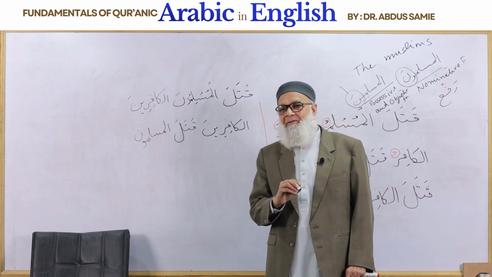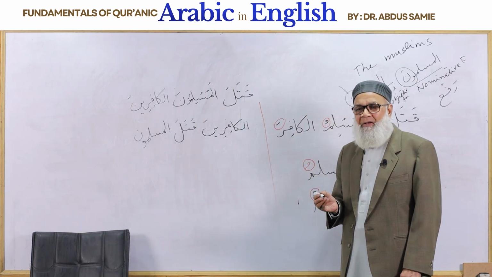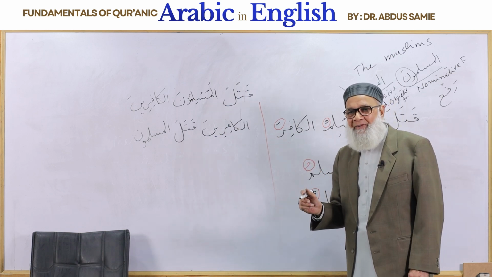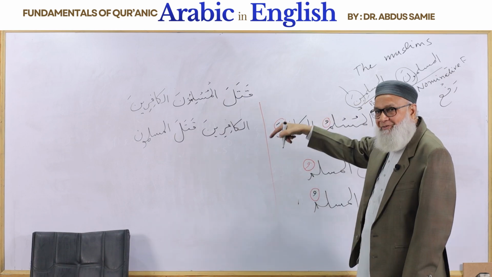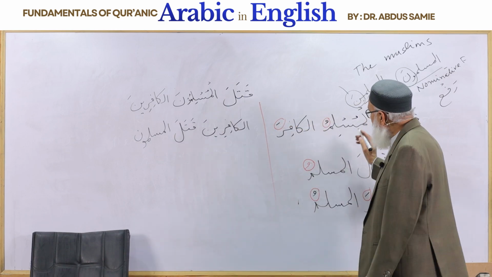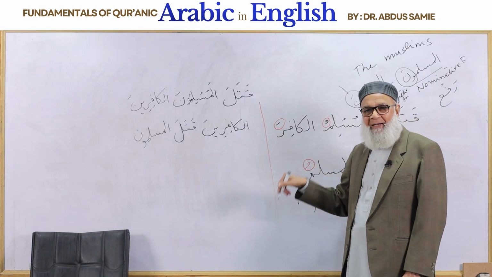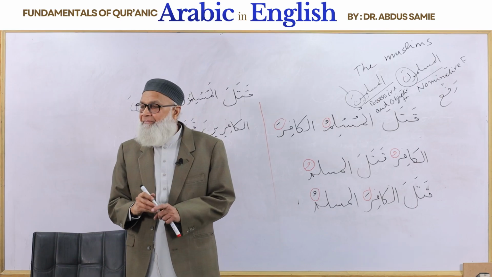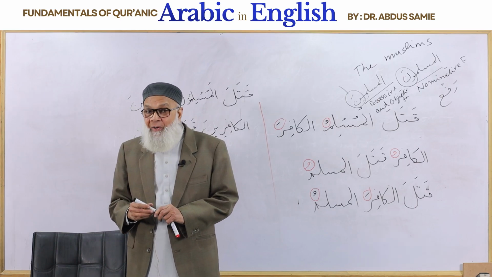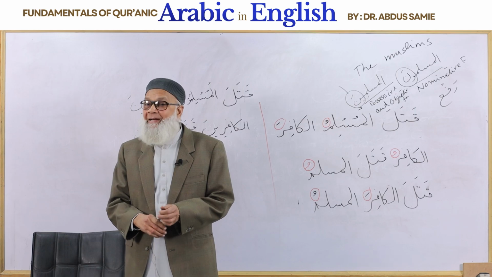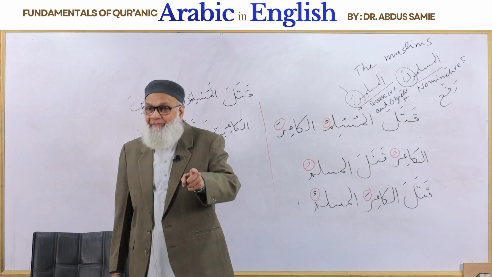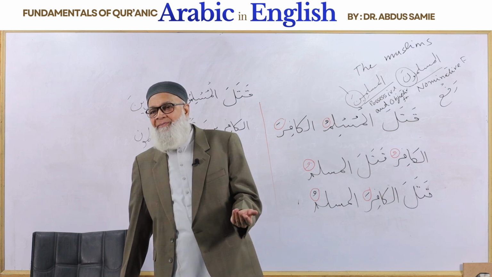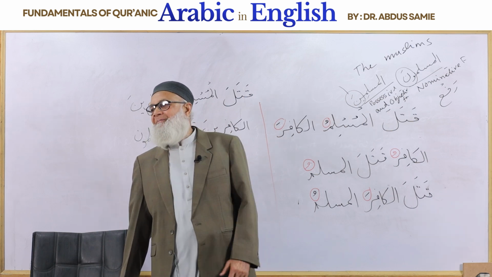I'rab is the status, and in most cases in singular form and in broken plurals, the i'rab is indicated with the last harakat of the last letter of the noun, like Muslimun, Musliman, Muslimin, Al-Kafiru, Al-Kafira, Al-Kafiri. But in plural form, the i'rab is indicated by waw noon at the end of the singular form in the nominative case, and by ya noon at the end in the possessive and objective case.